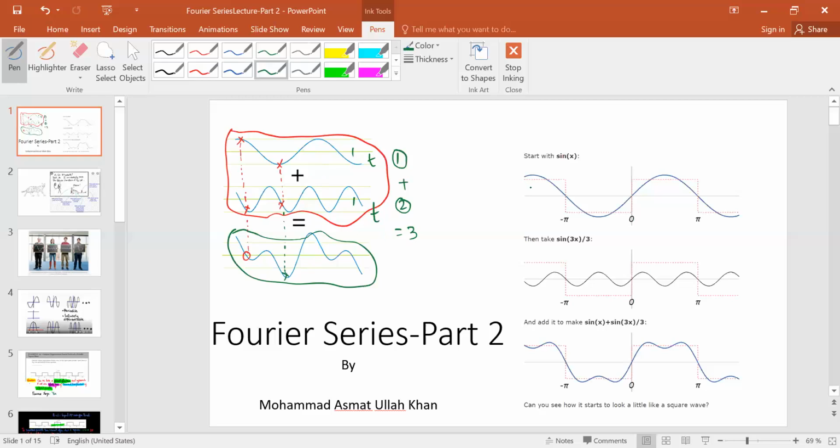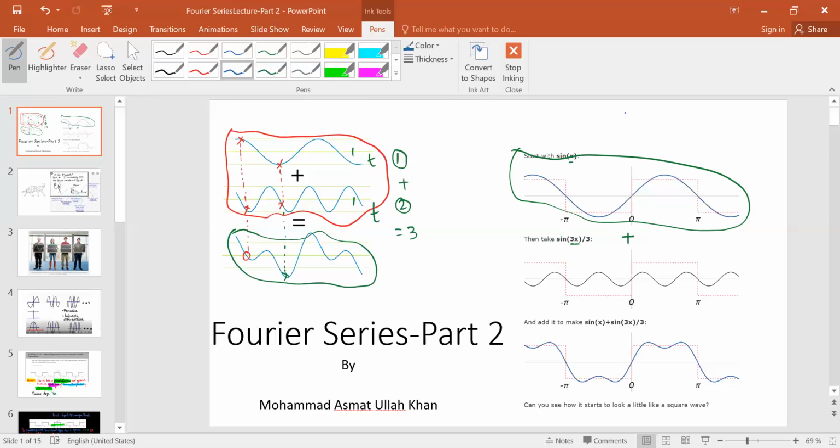Similarly, I want to give you another example here. Let's say I want to make a square wave. If I take this wave, which is sine x, as you can see very clearly, and add it to another sine wave, but this time sine 3x, you can see very clearly this is sine 3x, this is sine x. Now what's the difference between sine x and sine 3x?